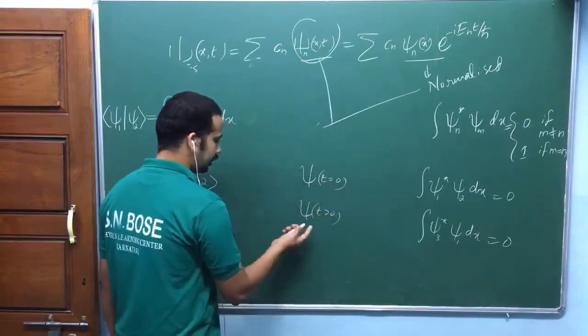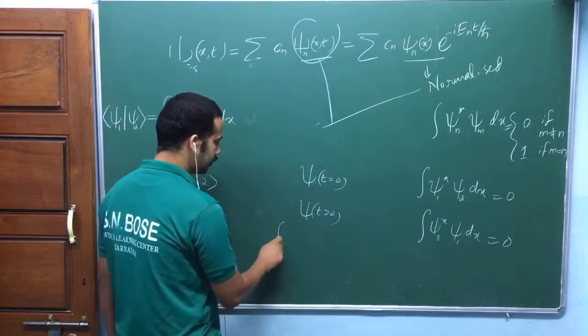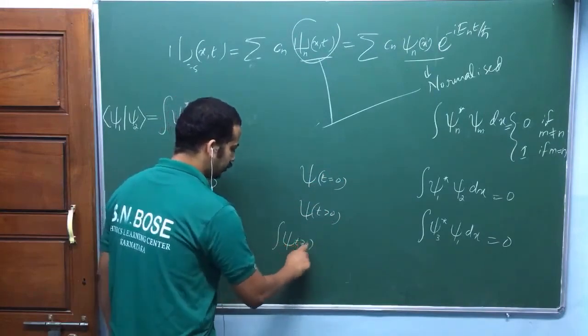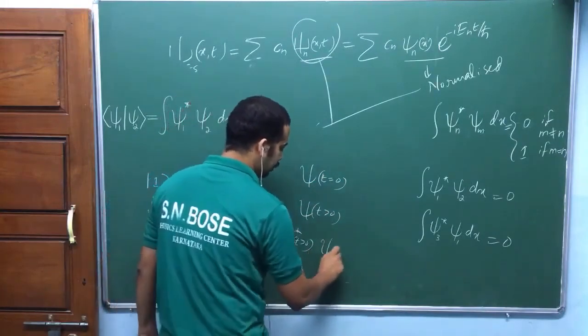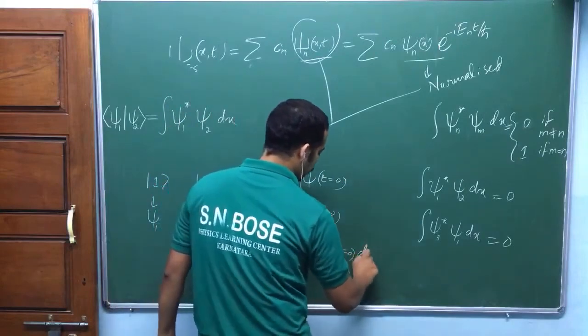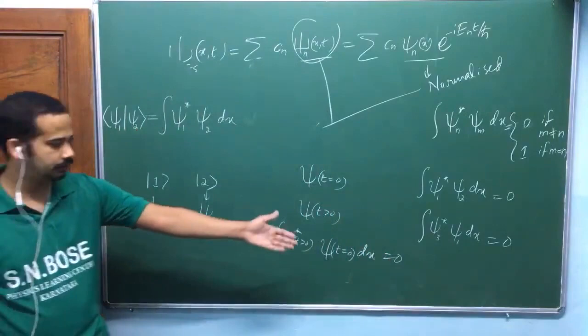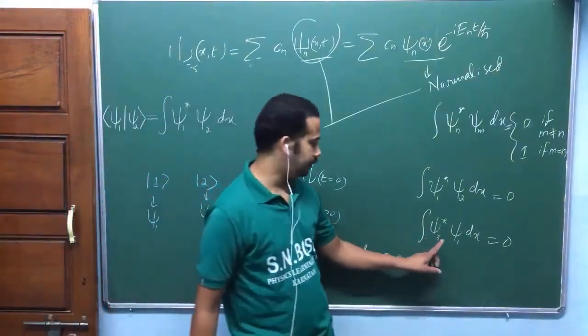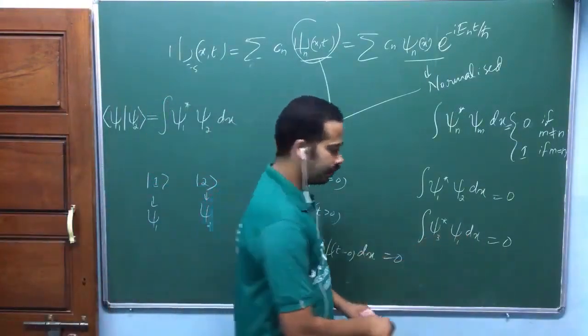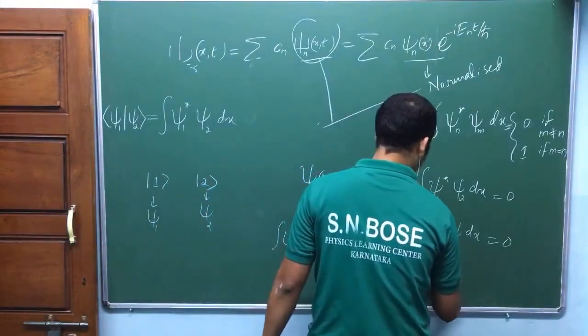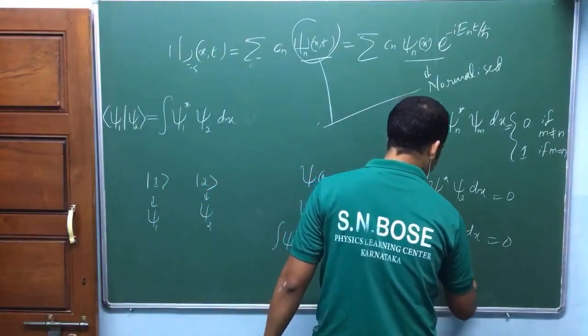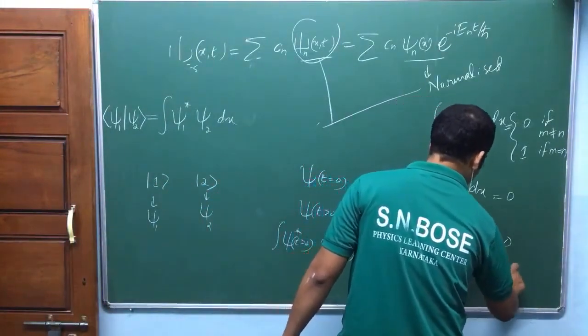What is the orthogonality relation? The integral of psi at t greater than 0 star, psi at t equal to 0, dx is equal to 0. If these two are orthogonal, this relation will be satisfied. We call them orthogonal. Psi 1 and psi 3 are orthogonal.